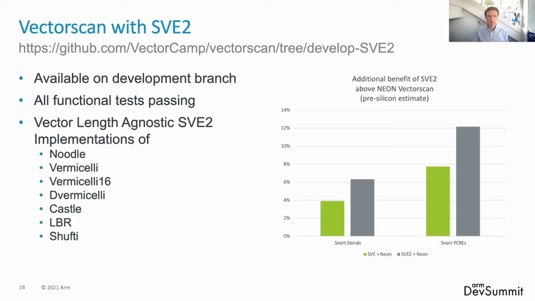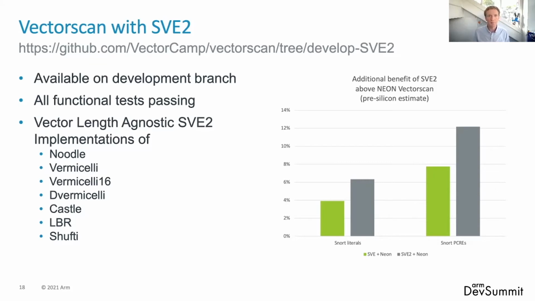All this work has been integrated into the public development branch of Vectorscan on GitHub and is also available as a stable branch named develop-SVE2. We used these implementations to execute the Hyperscan benchmark suite, and in particular, two benchmarks that are representative of workloads in Snort, the open source deep packet inspection software mentioned by Konstantinos earlier.